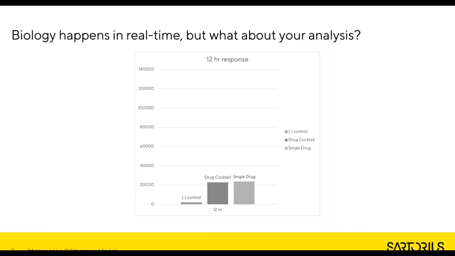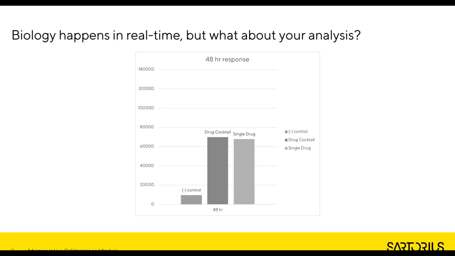This might be a very standard assay that you're doing in your labs where you're potentially doing a drug response. In this case, we're looking to see if a drug cocktail has any sort of synergistic effects, comparing that to the single drug. So we may take a time point at 12 hours, or again at 24 hours, or if we're disappointed with the response there, we may even go out to 48 hours.